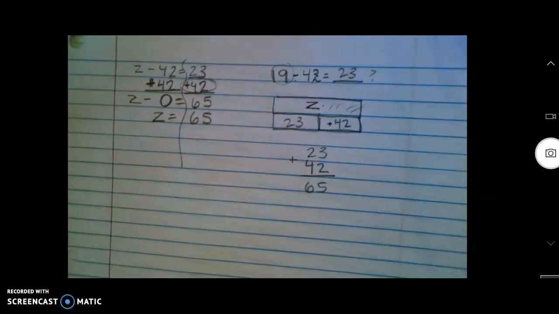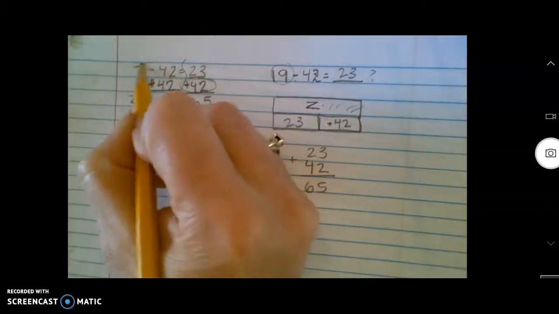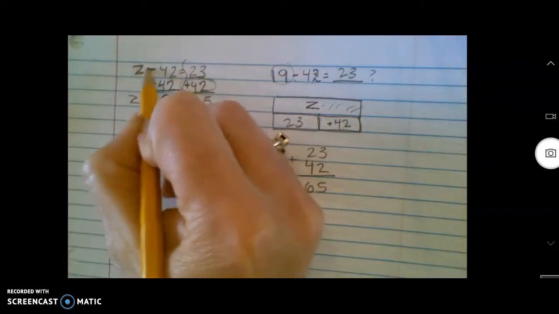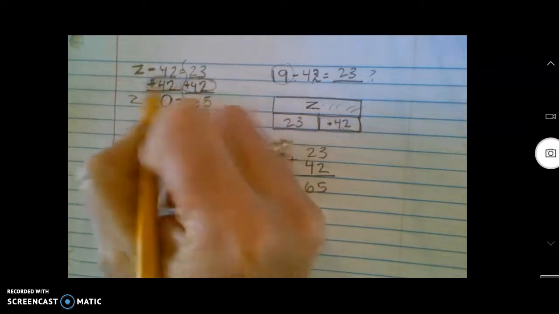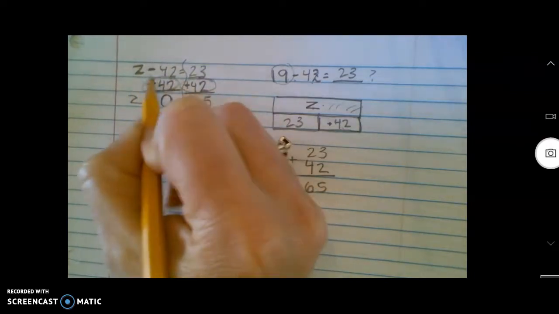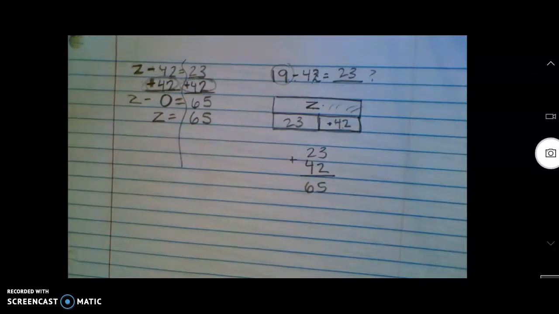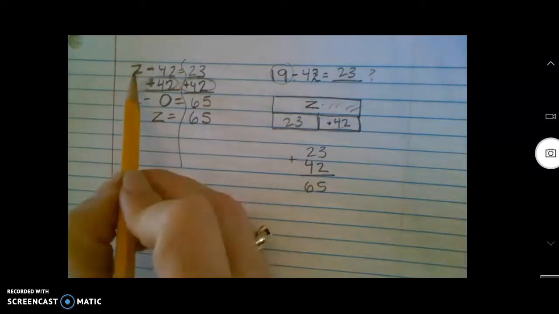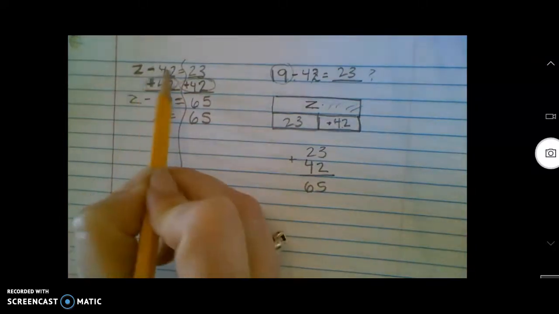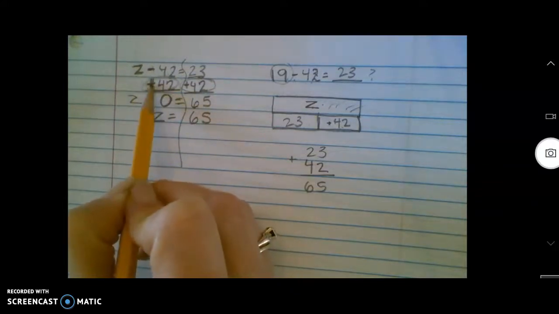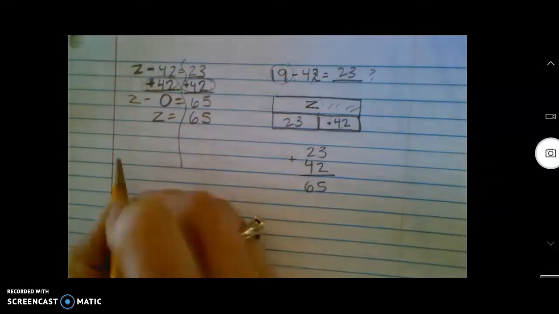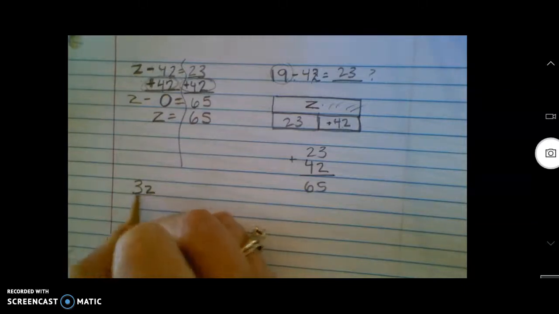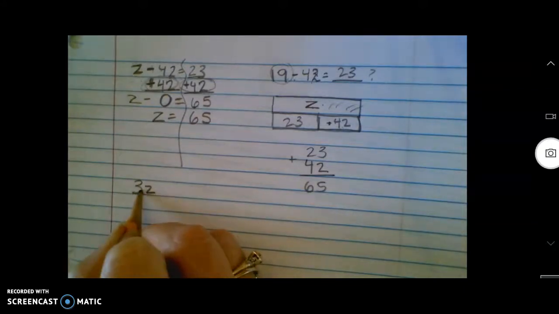What I was hoping we learned during this unit is that when you have a variable and it's being subtracted from, you always add. We have to do the inverse to what we're doing to the variable to solve it. So since z is being subtracted by 42, the inverse would be adding 42. If I had 3z, that's the variable being multiplied, I would need to divide by 3.